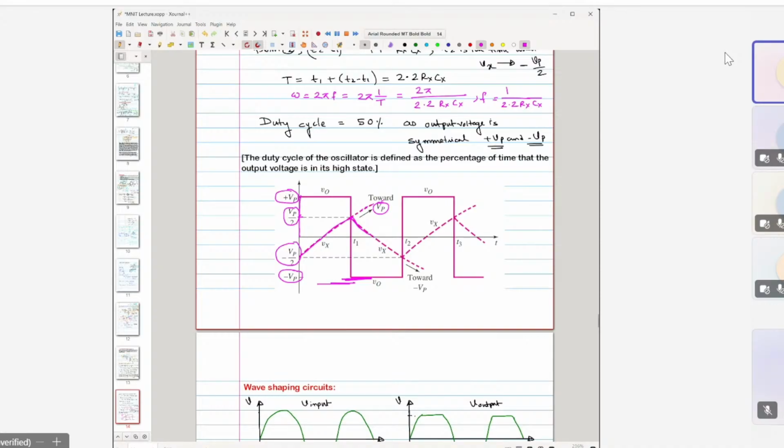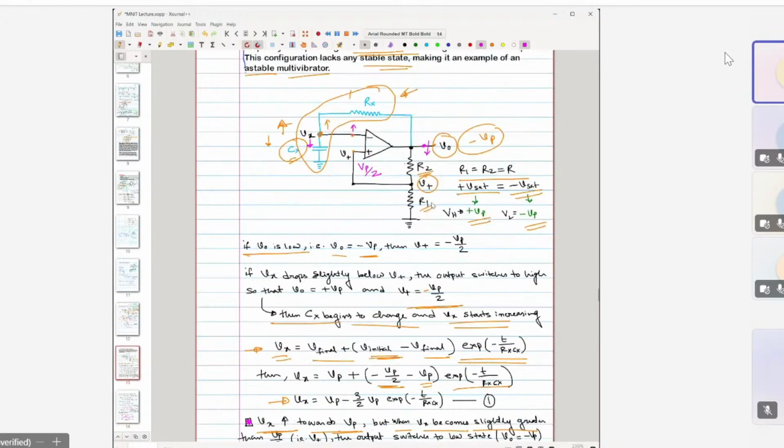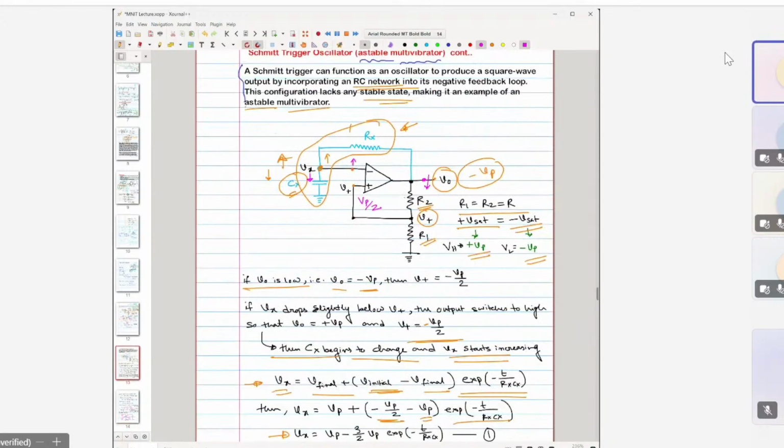Then it reaches 0. Then finally, because of this negative potential, it would again charge in the other direction. When this output voltage is minus Vp, the reference voltage here is minus Vp by 2.